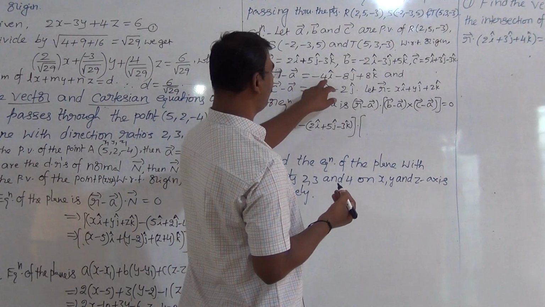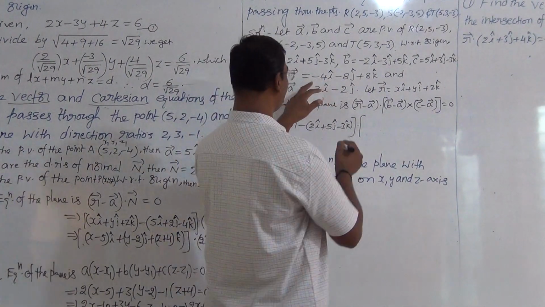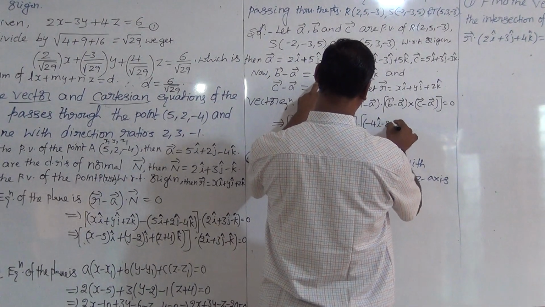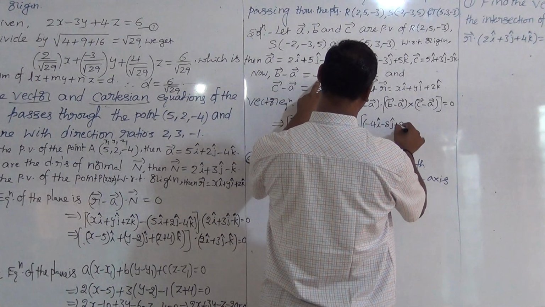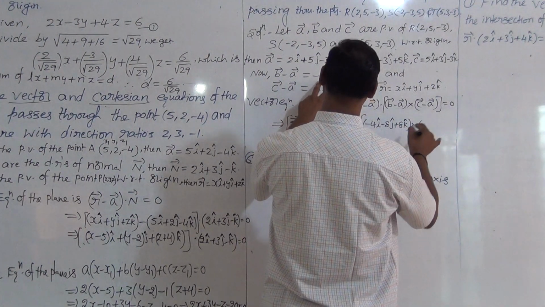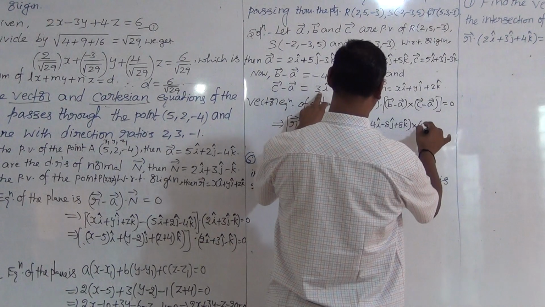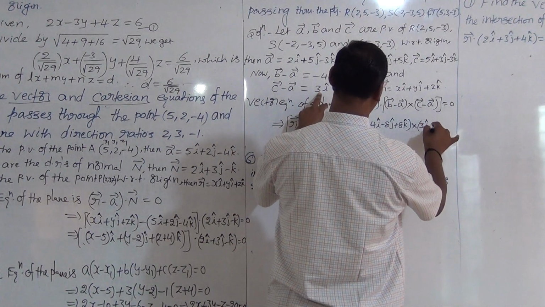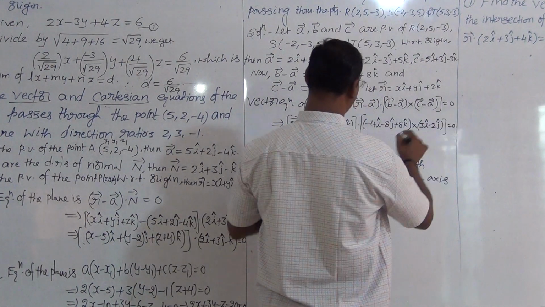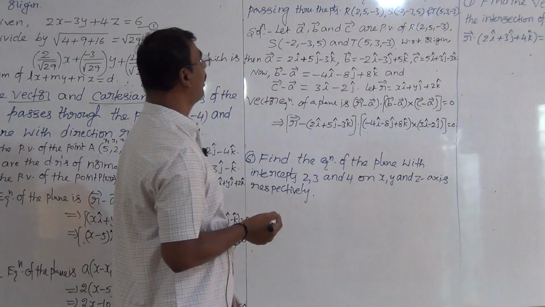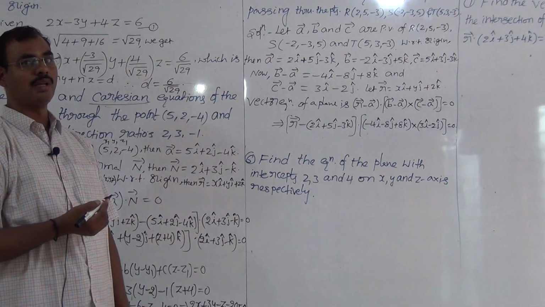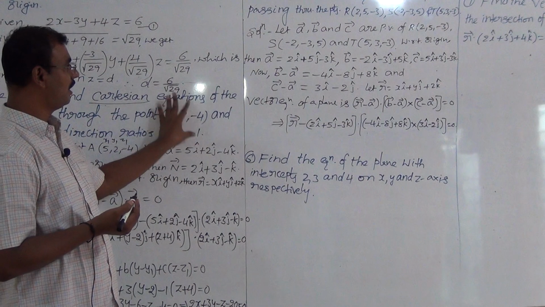We already found b bar minus a bar, so only substitute: minus 4i minus 8j plus 8k, cross (c bar minus a bar), which is 3i minus 2j, equals 0. So this is the vector equation of a plane passing through 3 non-collinear points. Clear this problem?